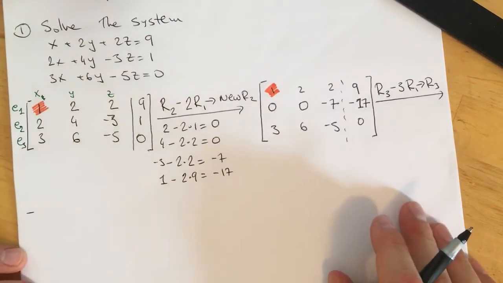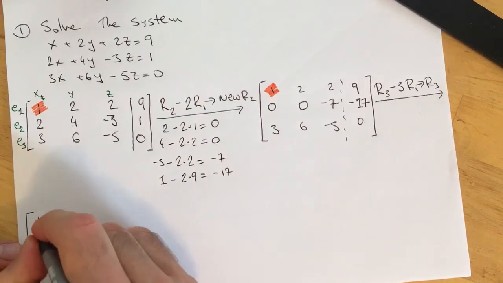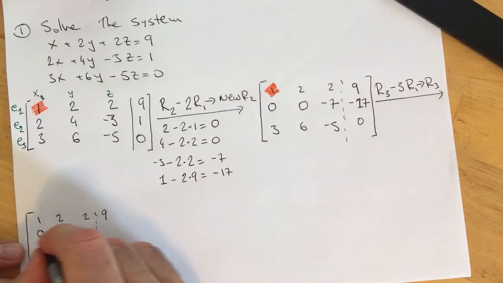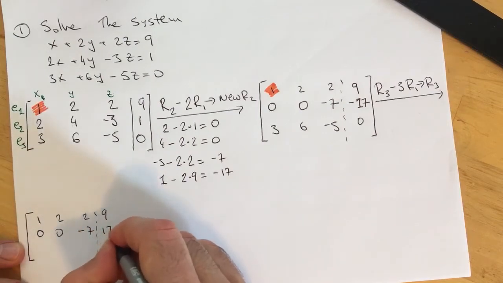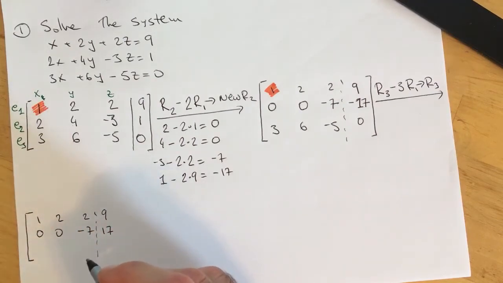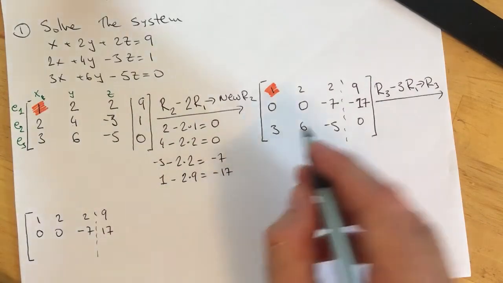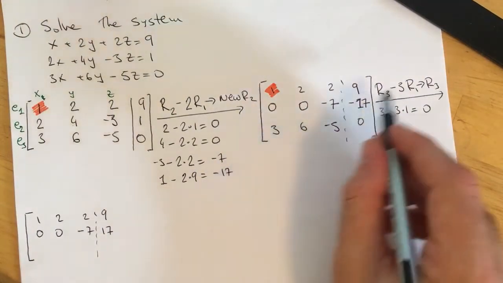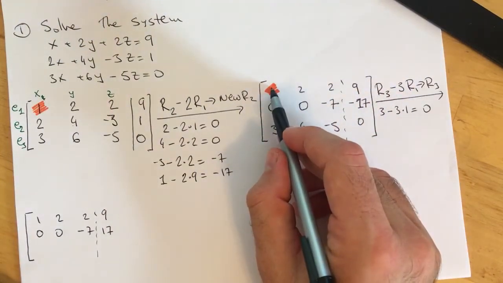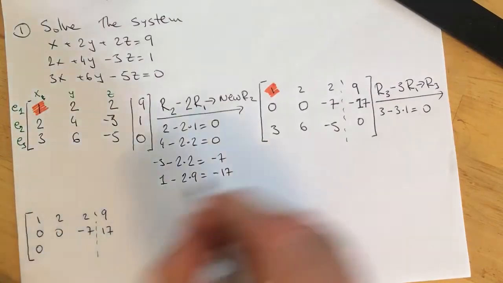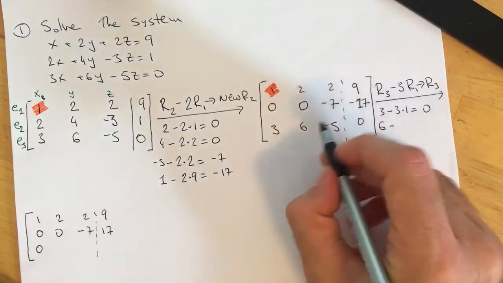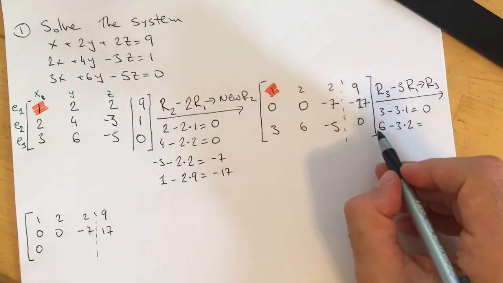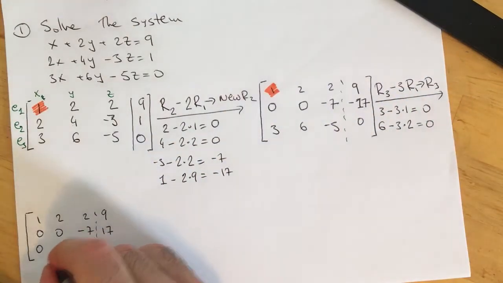So what do we have? 1, 2, 2, 9, 0, 0, negative 7, negative 17, and then 3 minus 3 times 1, right? 3 minus 3 times the first row is 0. 6 minus 3 times 2 is also 0.